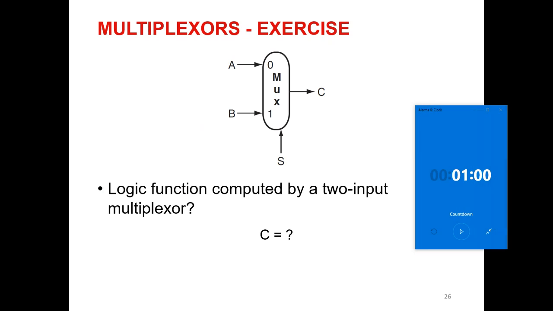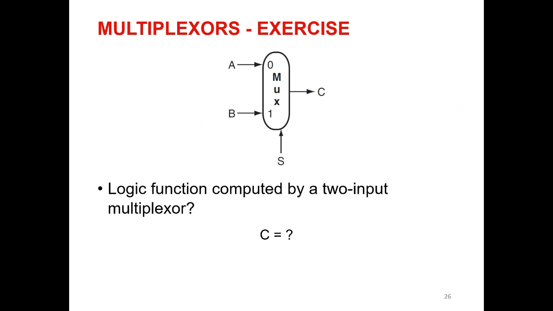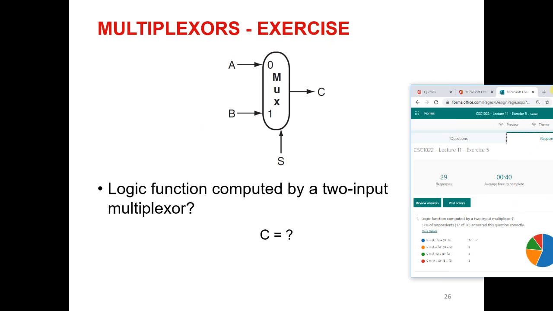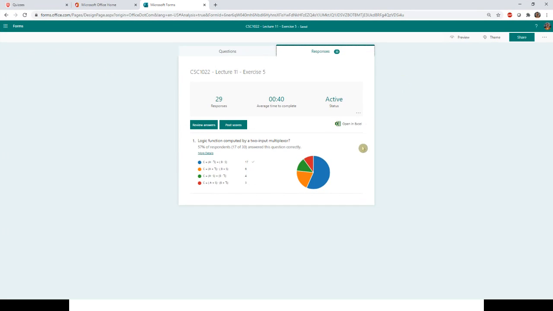Okay, the time is over. Let's see if we have some results. Yeah, we have some responses here. Most of you got the correct answer.